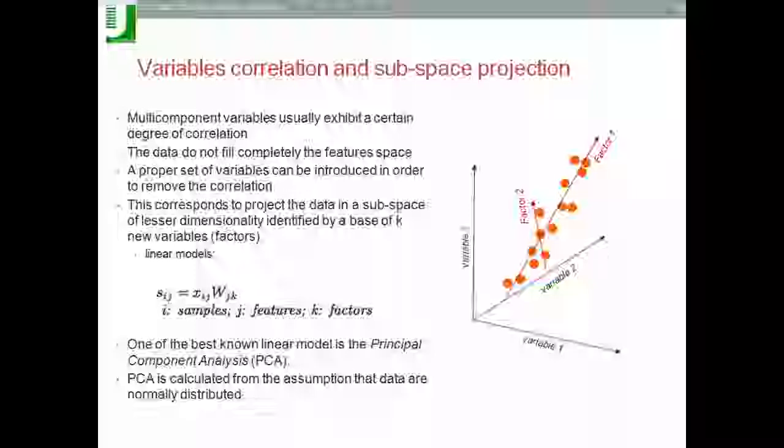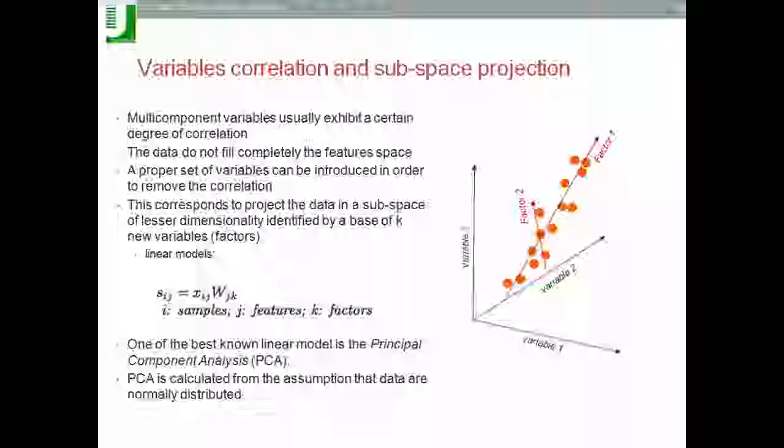We can make a very simple example. If we measure height and weight of people, these two quantities are, of course, by themselves independent of each other. But when we put them together into axes, we see that height and weight correlate. This is because it is an internal property of what we are measuring. So what we are measuring has some internal properties that are manifested in terms of correlation among the variables of the multivariate data.